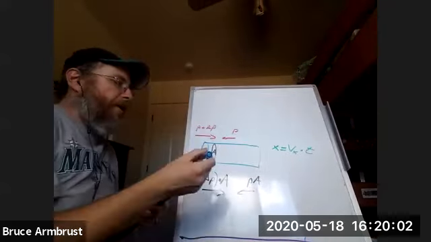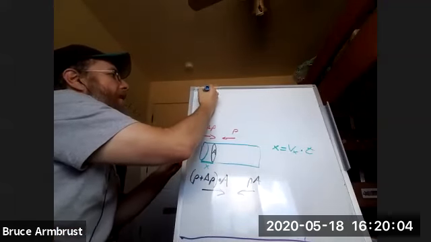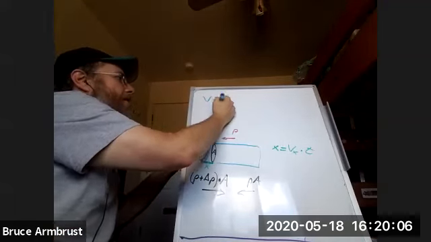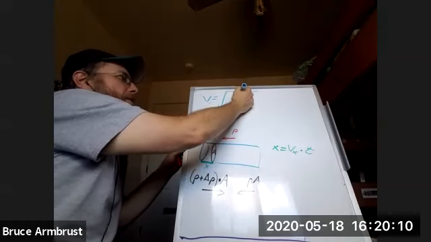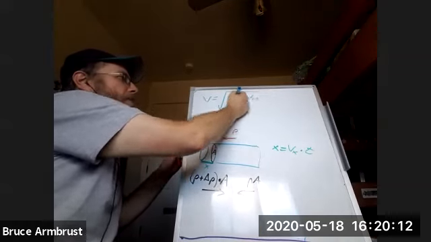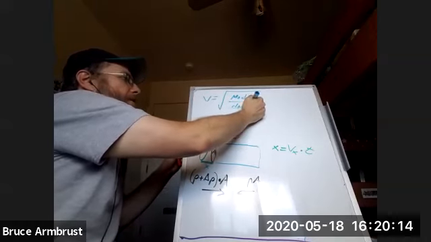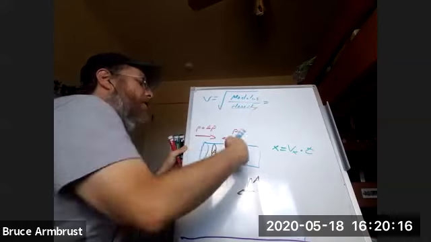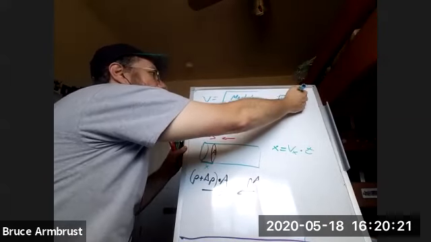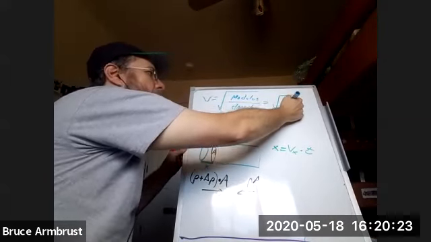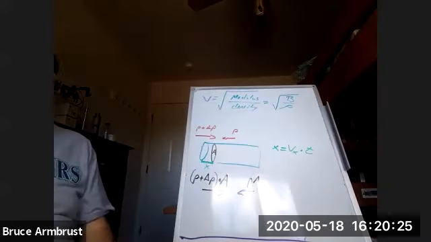So if we go here, we're going to see that that velocity is going to be the square root of whatever the modulus is over the density. Now, since this is a volume thing, since this is air, that modulus is the bulk modulus, and its density is rho.